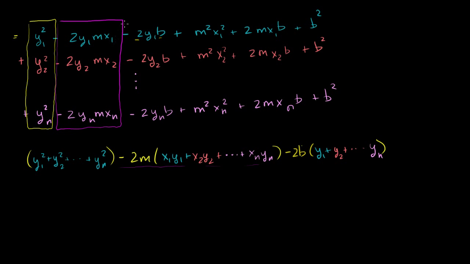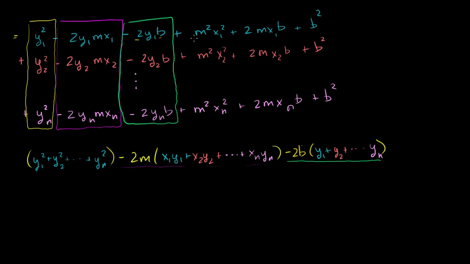So these terms right over here, when you add them up, give you this term right over there. And let's just keep going. We're probably going to run out of time in this one. In the next video, I'll simplify this more, and it'll actually clean up the algebra a good bit.